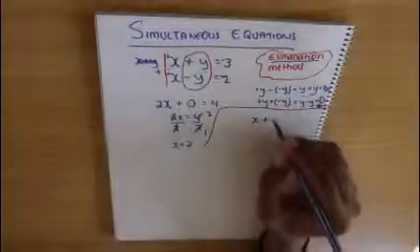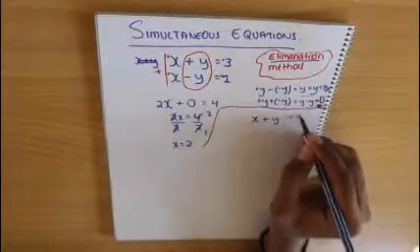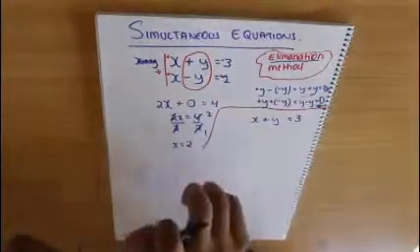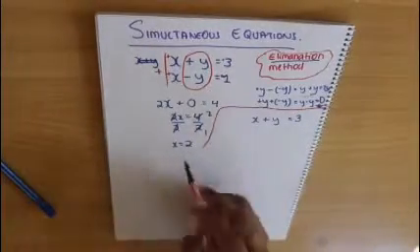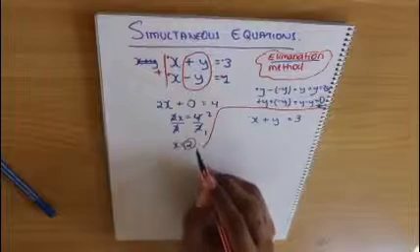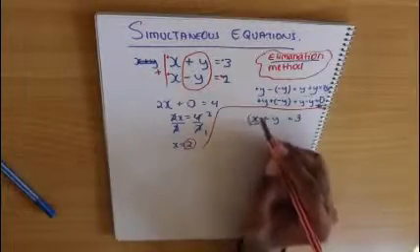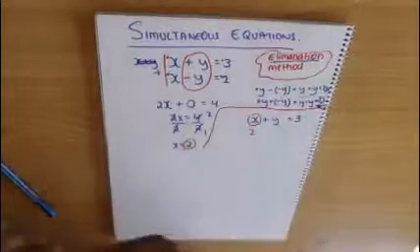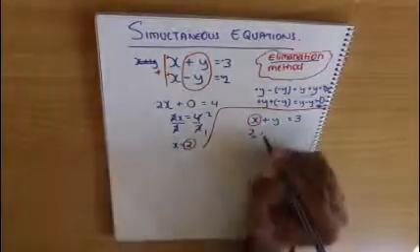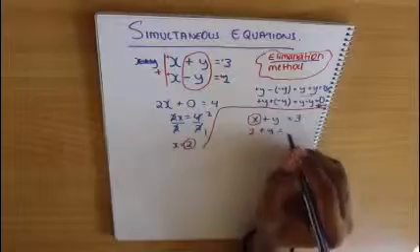So x plus y would be equal to 3. We're going to substitute x, and x is 2. So I'll bring this 2 over here. So x will be substituted by 2, and it'll be 2 plus y, that's equal to 3.